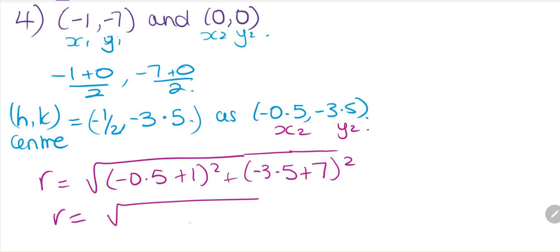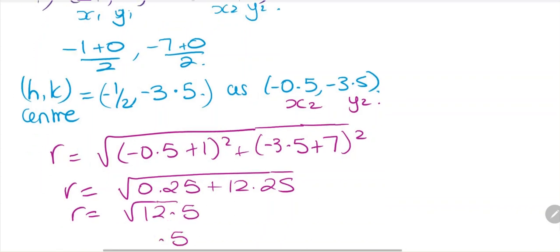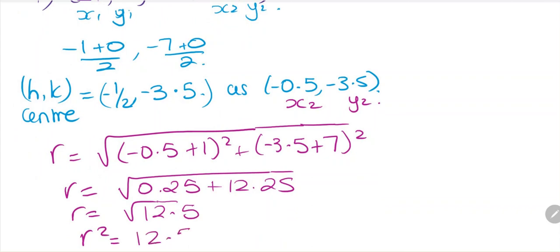So 1 minus a half is 0.5, and 0.5 squared is 0.25, and then 3.5 squared is 12.25. So the radius is the root of 12.5. So the radius squared is 12.5.